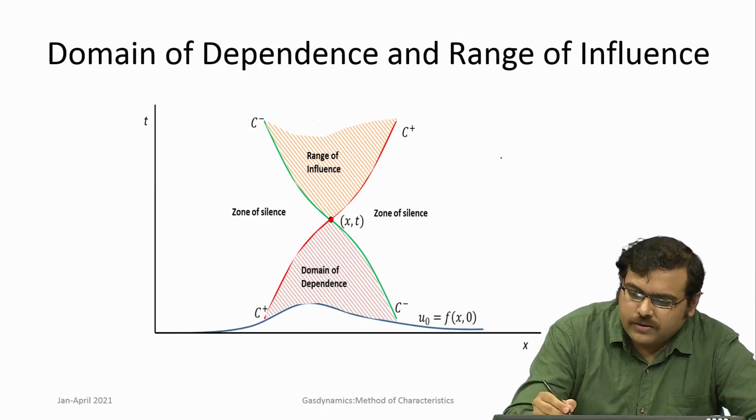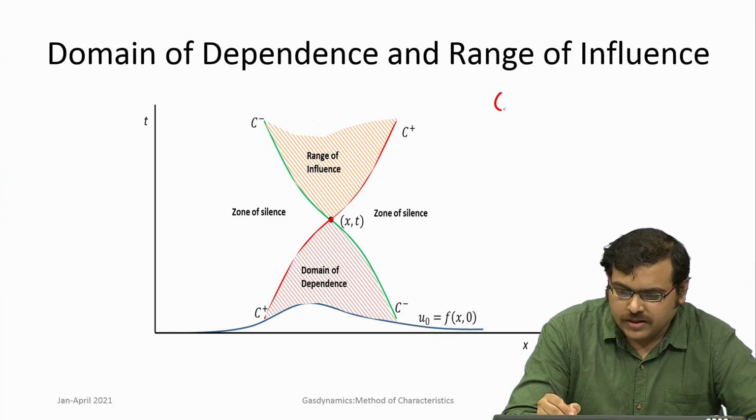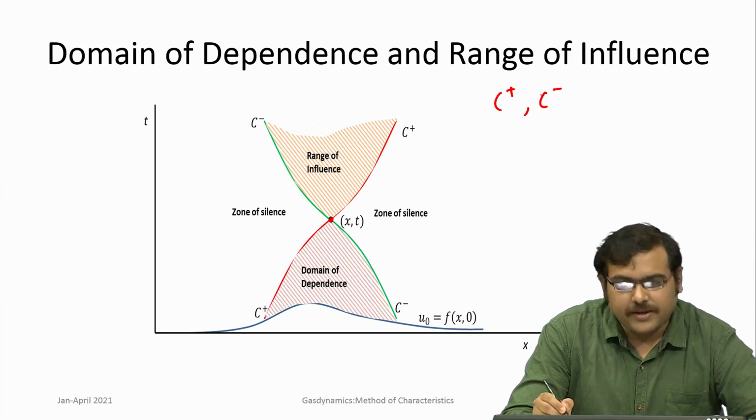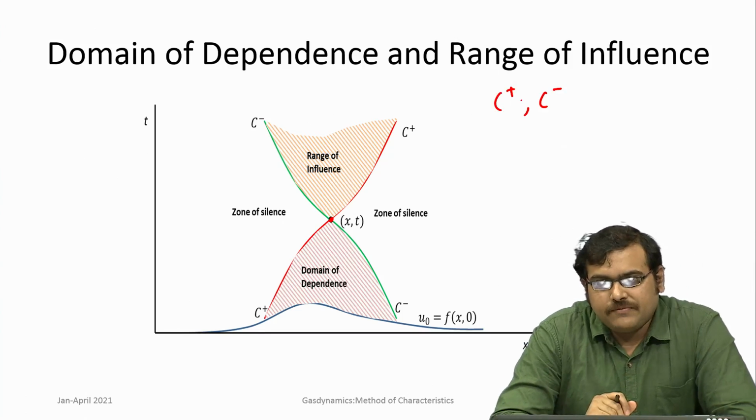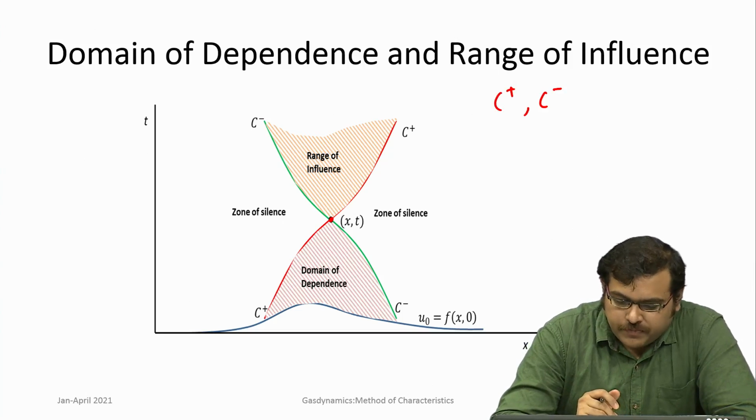We saw the wave equation has two characteristics, you can call them C plus and C minus, left running and right running waves.